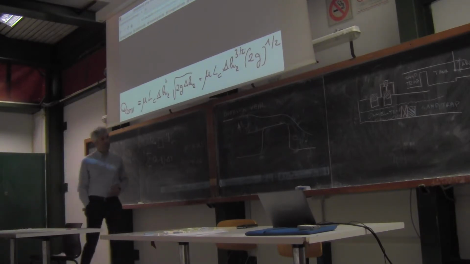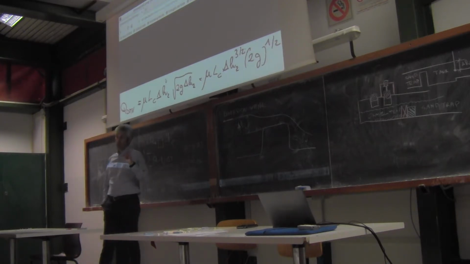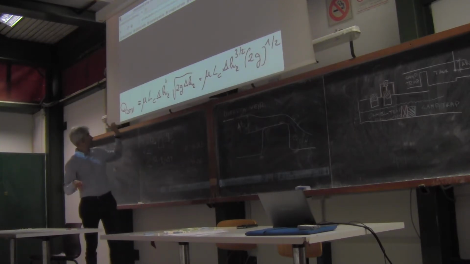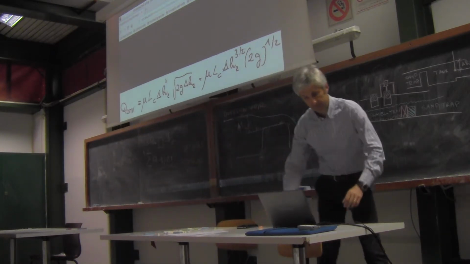Now, we still have to solve the design problem of fixing the elevation of the main spillway. But the concept is the same. We use the same relationship with only a change of variable.